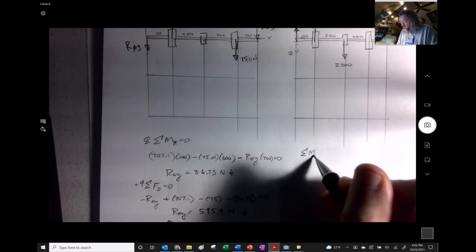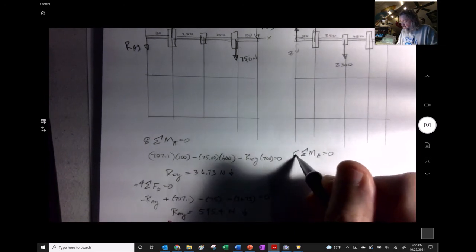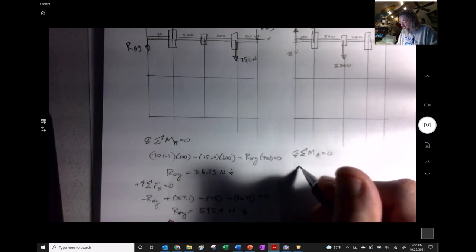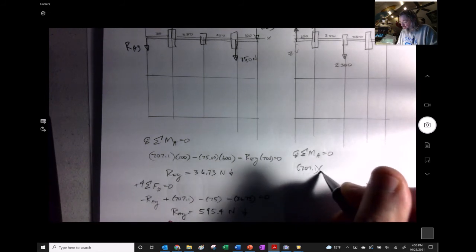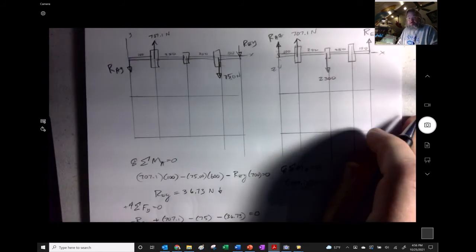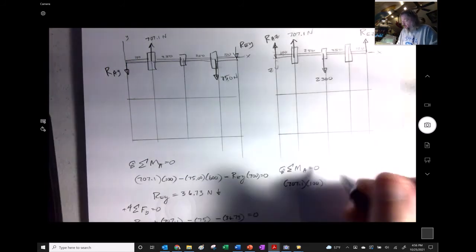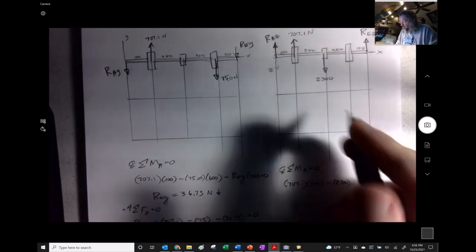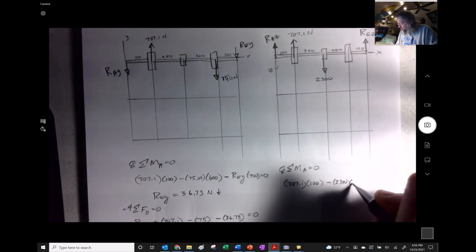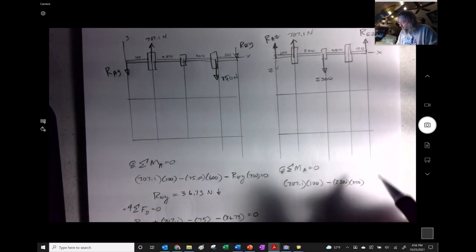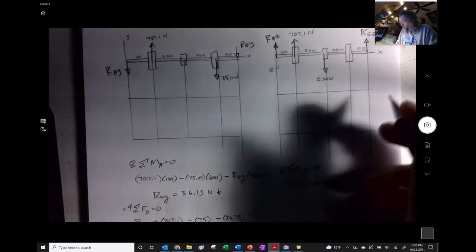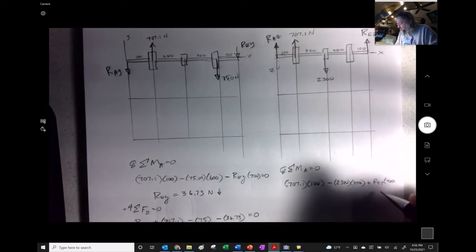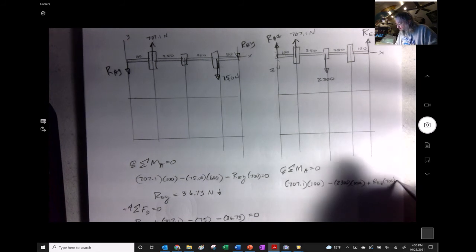Sum of the moments about A equals 0. And I get 707.1 times 100, because he is going counterclockwise. But now I have a minus 2,300 times my 350. And now I have a positive REZ times 700 equals 0.